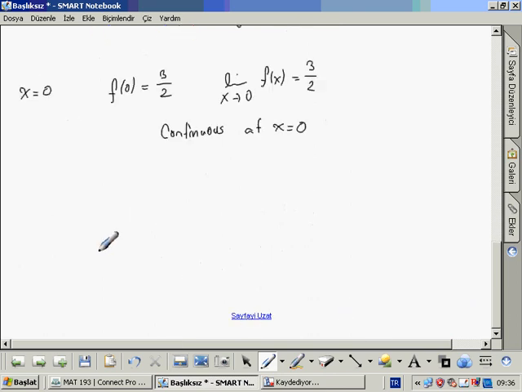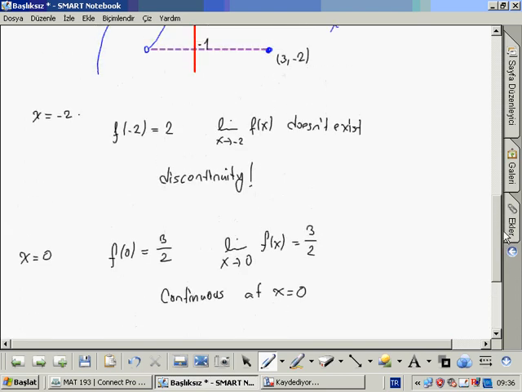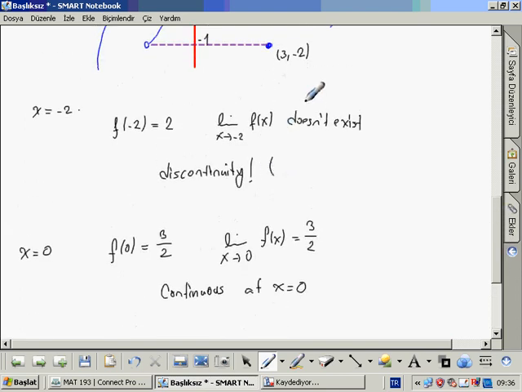And another point was x equals 3, okay, and f of 3 equals minus 1, and the limit as x approaches 3 of f of x, and we will call this a discontinuity, okay.